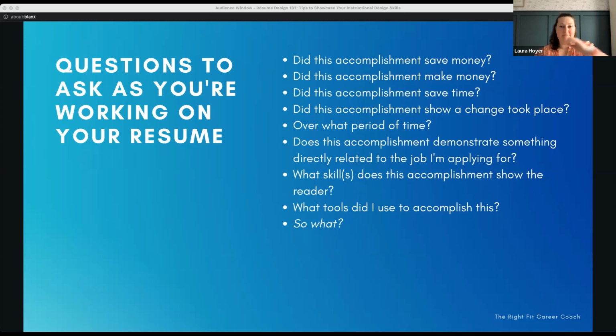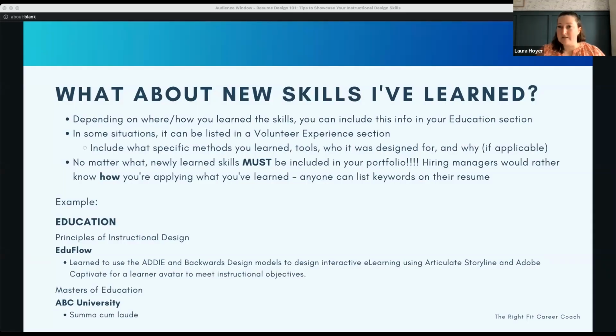All right, now we're going to jump into the next part of this, which is, what about new skills I've learned? So we've talked about how to talk about accomplishments in your past positions. And I know a lot of you are here because you've been upskilling and learning new things that you maybe haven't done in past positions.